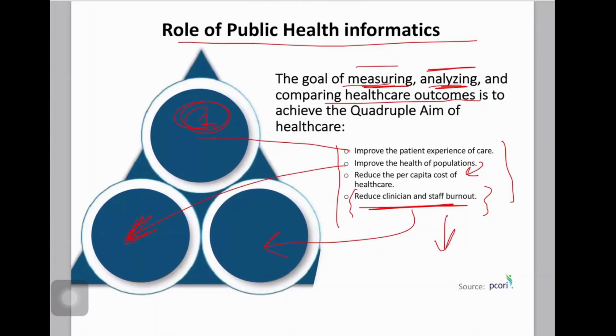So these are the goals of health informatics: measuring, analyzing, and comparing healthcare outcomes to achieve these quadruple aims of health. And this is according to the Picori. You can just type it on Google and you can get this. Go to this website. This is an organization about clinical health outcomes in the US.